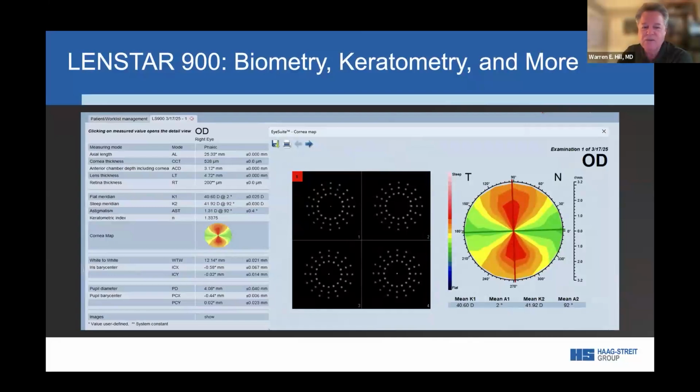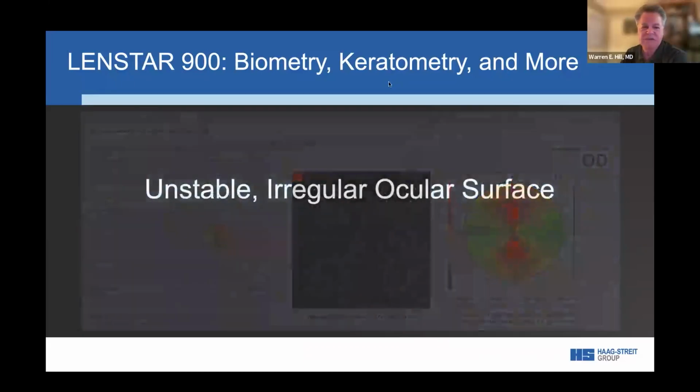And it says 92 degrees on the Ks, and it's 92 degrees on the axial curvature map. So we know that these are measurements you can probably put in the bank. So that's our steep and our flat meridians.